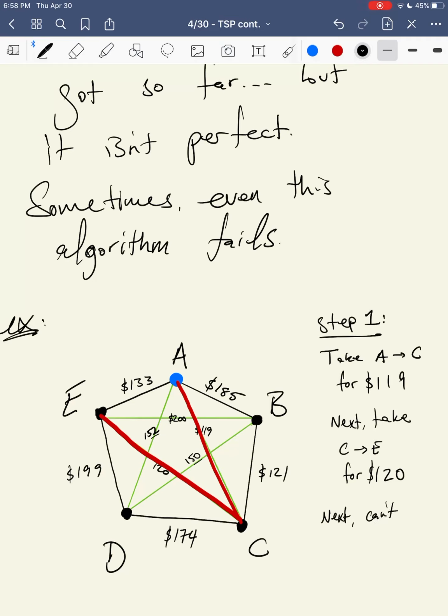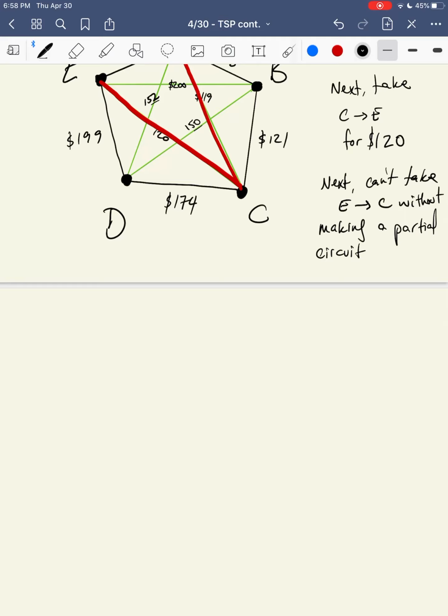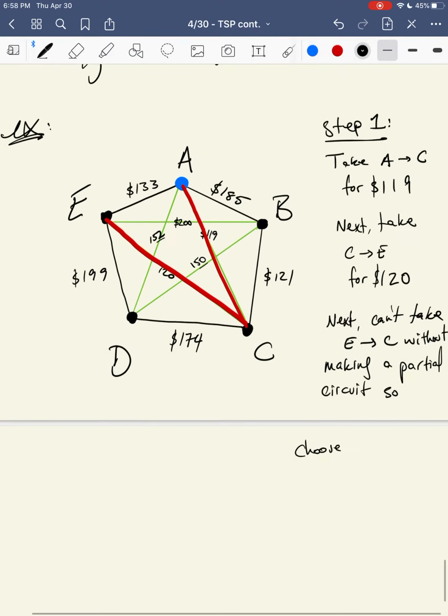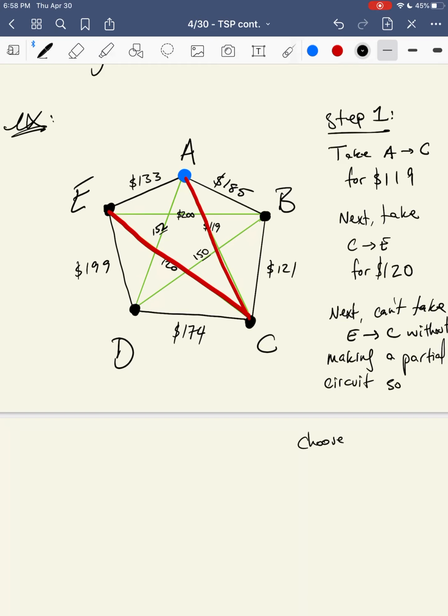We can't take E to C without making a partial circuit. So for that step, we go to D, because D is 199 instead of 200.